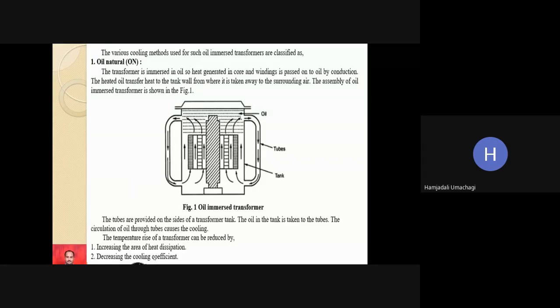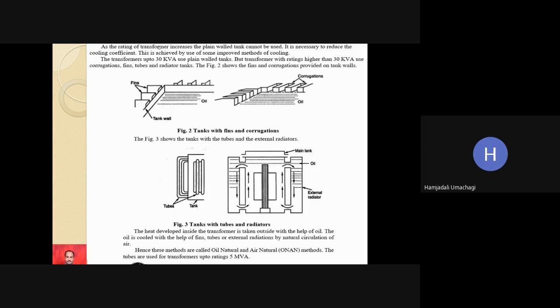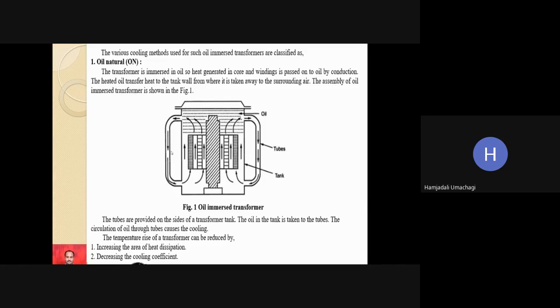As I told you, the cooling coefficient is nothing but the change in the design of the transformer. How that cooling coefficient can be reduced, and how natural cooling can be facilitated very effectively for large rating transformers, we can see here. As the rating of the transformer increases, the plain walled transformer is not sufficient.